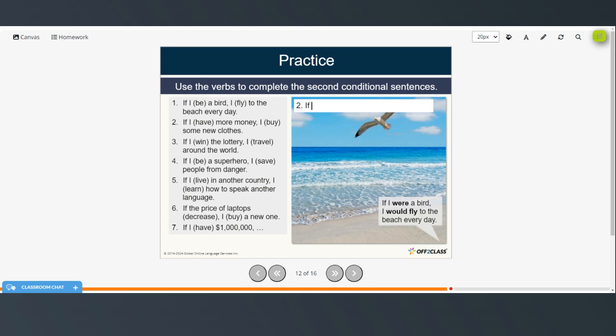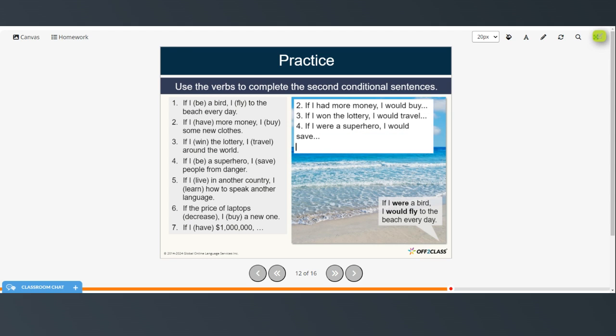If I had more money, I would buy some new clothes. If I won the lottery, I would travel around the world. If I were a superhero, I would save people from danger.